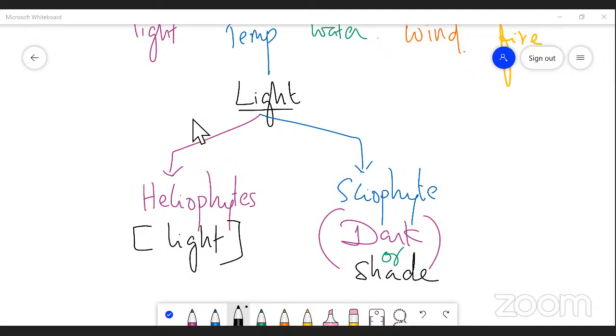What are they? Heliophytes and sciophytes. So, what is a heliophyte? The plant which likes a large amount of light for plant growth and development. That is called a heliophyte. Whereas sciophyte means the plant does not require even a small quantity of light. That is called a sciophyte, or the plant which likes only shady places to grow, right?